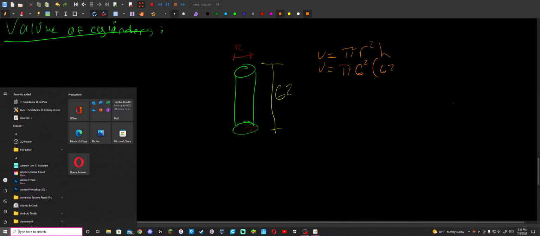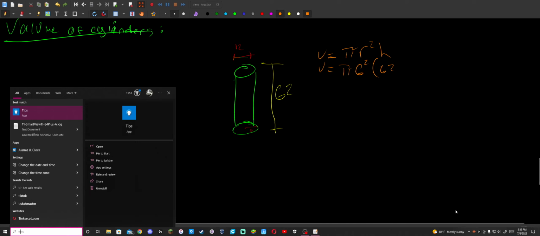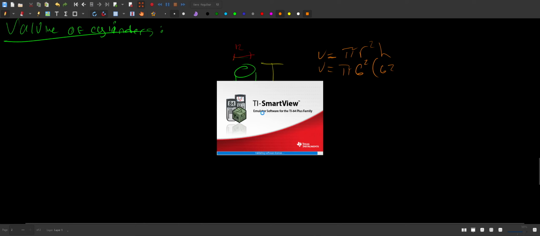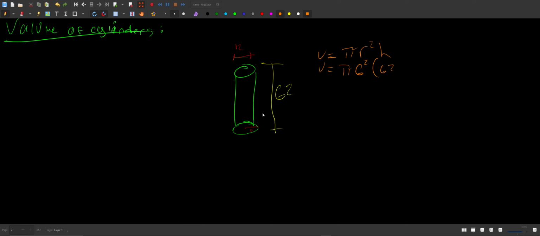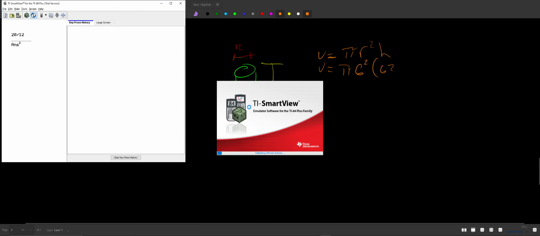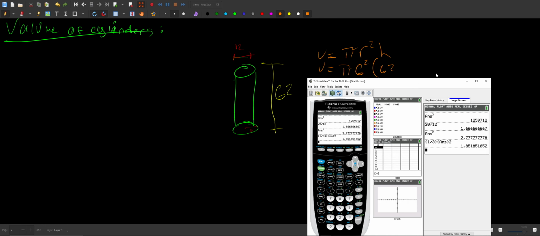If I open up my calculator here, we can press second, the up button to get pi, the radius, which is 6 squared, parentheses for 62.